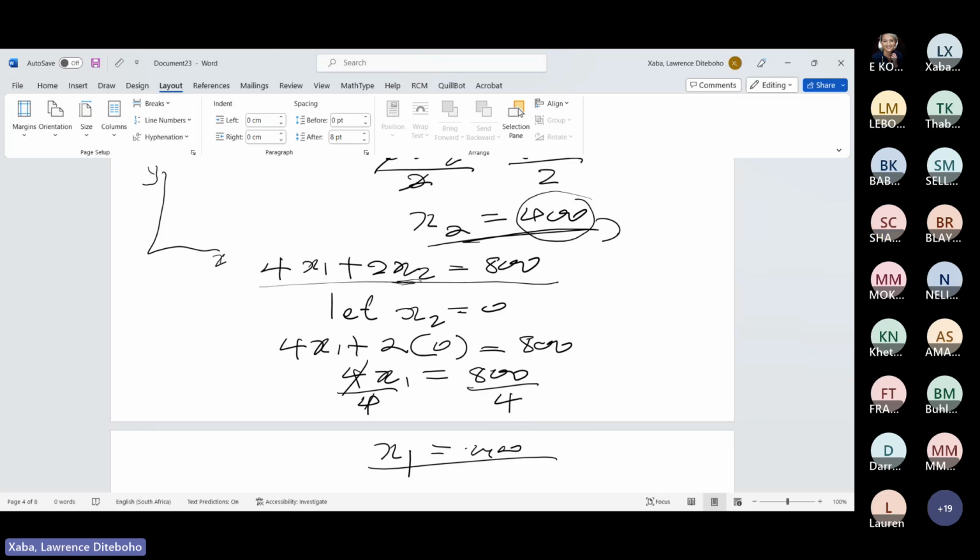So what is going to be the value of x1 now? Because x1 has to have a value that is going to represent it in this Cartesian plane, the same as this value represents our x2 in this graph. This is x2, this is x1.